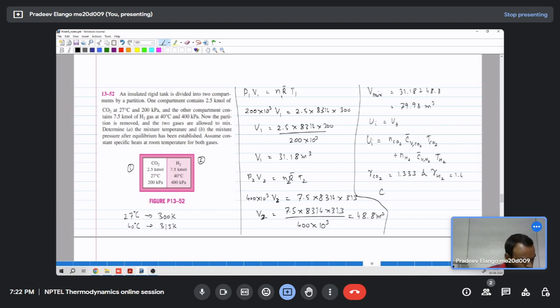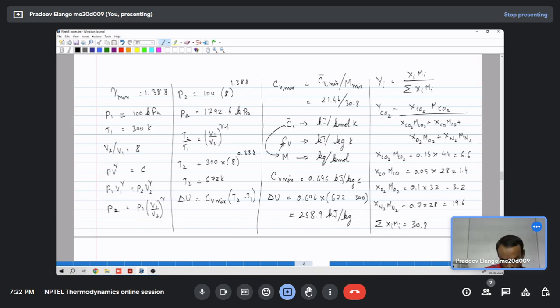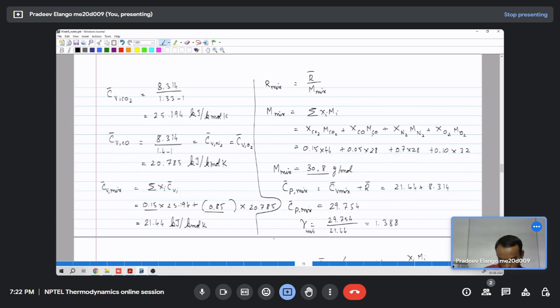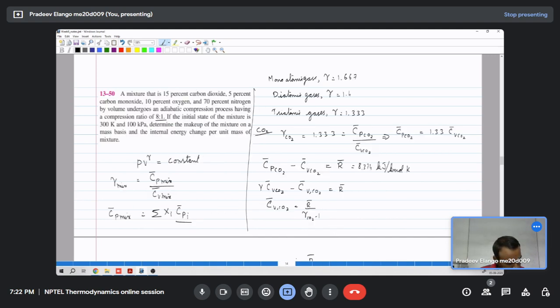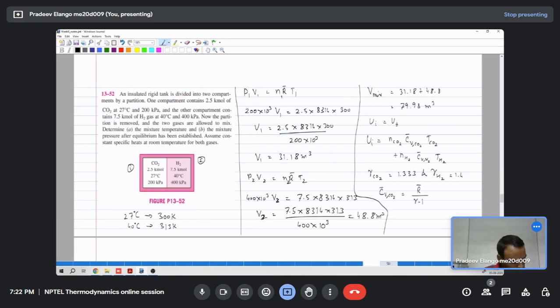So Cv of CO2 can be written on molar basis as R bar by gamma minus 1. I think we derived this in the last session, last program. Yes. So here we have calculated, and this is 0.333.